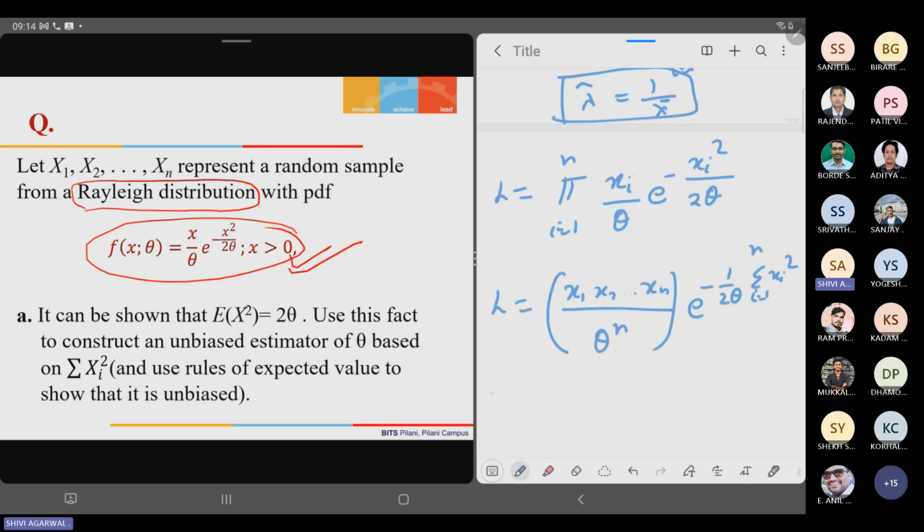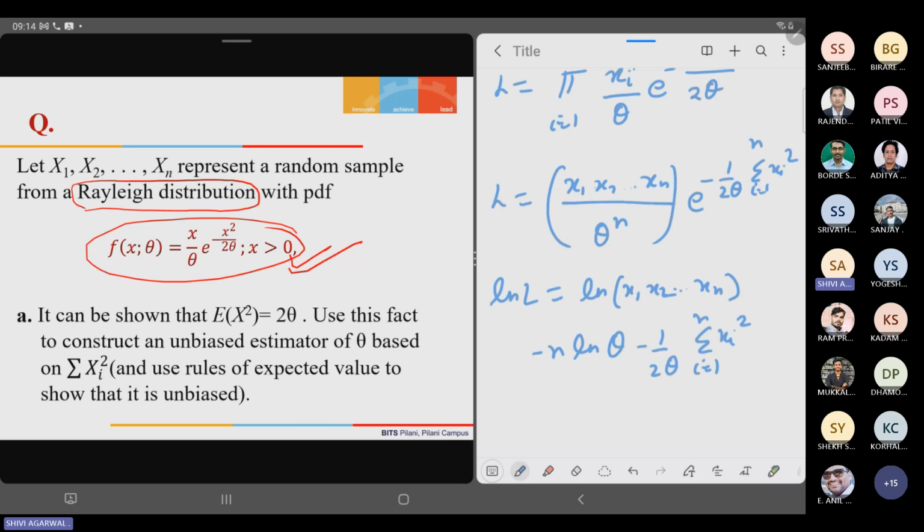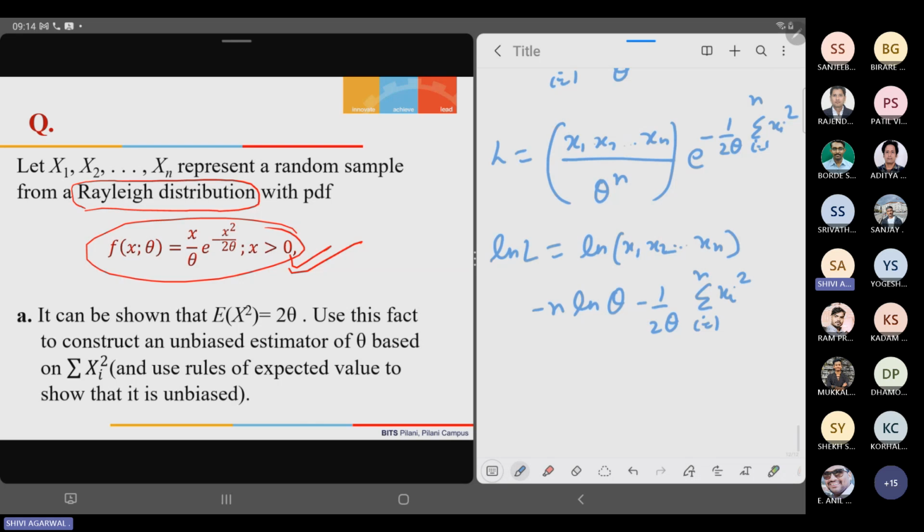Correct. Now we are taking the logarithm, log of L. So it will become here ln of x1 multiplied by x2 up to xn minus n ln of theta minus 1 upon 2 theta, summation i equal to 1 to n xi square. Okay. Now we are taking the differentiation with respect to theta.